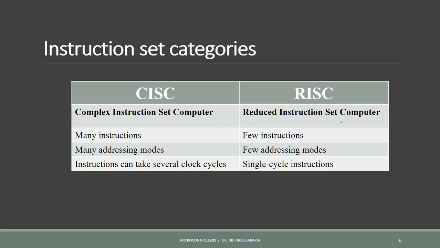It reduces the operation time by shortening the clock cycle per instruction. So the RISC processors have a smaller set of instructions, with few addressing modes. The CISC processors have a large set of instructions with many addressing modes. In CISC, the instructions can take several clock cycles.